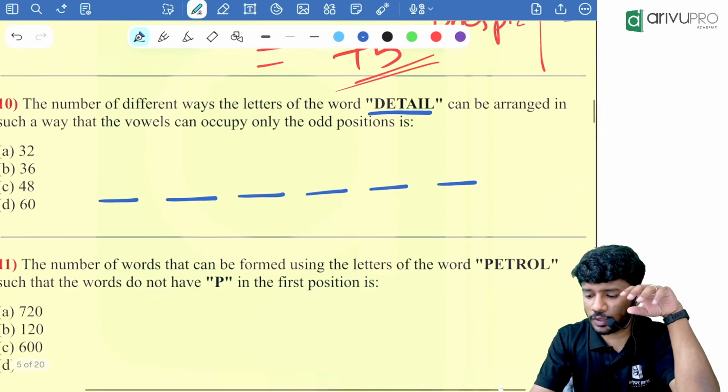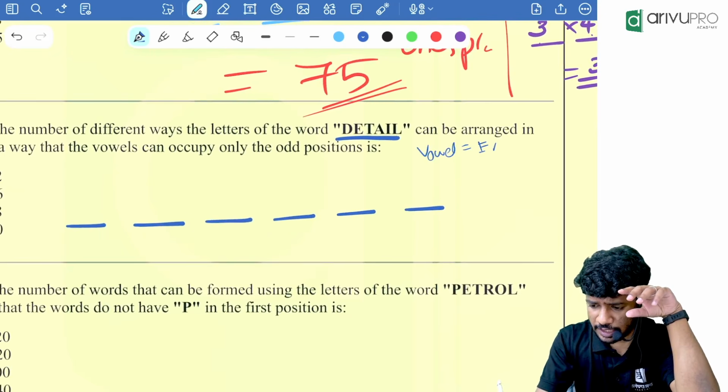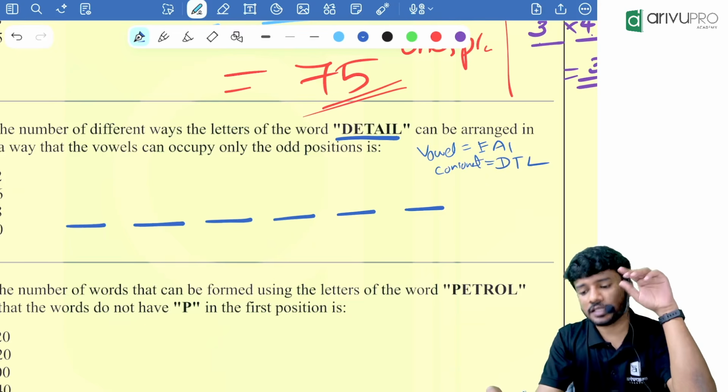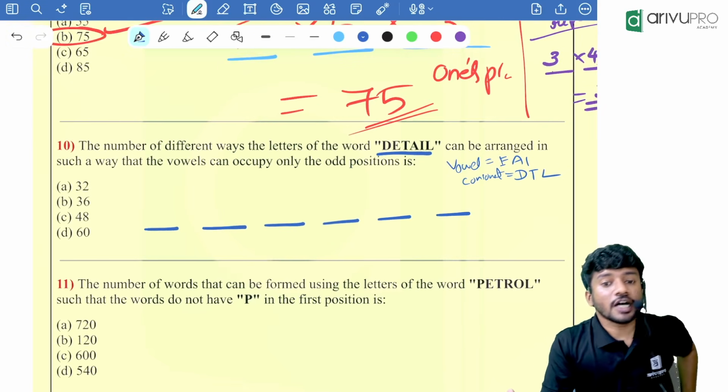Now, how many vowels are there? Vowels are A, E, I, O, U. Here E is there, A is there, I is there. Then consonants. How many consonants are there? 3. Which are those? D, T and L. So 3 vowels and 3 consonants are there.